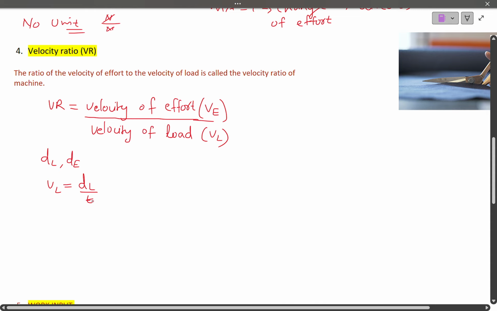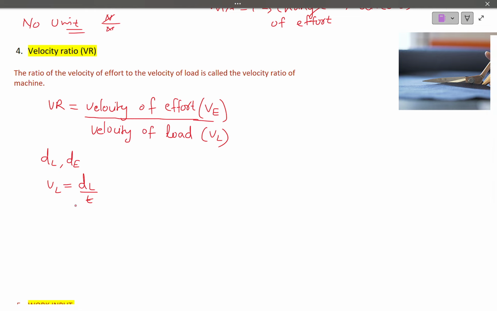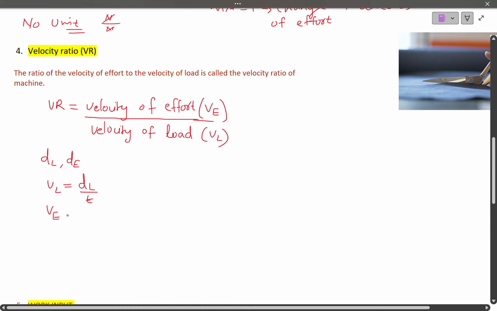Velocity equation is displacement by time. Therefore, the velocity of load we can write as displacement of load by time. The same way, velocity of effort VE is displacement of effort by time. Therefore, velocity ratio VR equals VE by VL.